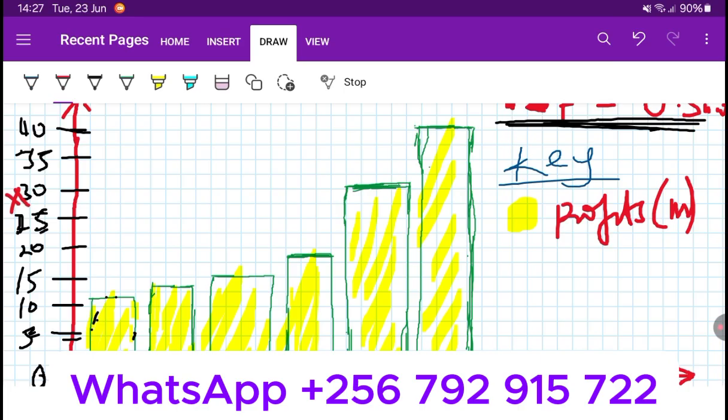The other option is for you to name this vertical axis as profits. Then you come to these bars and you shade them differently. So you provide each of the shadings and you name them as per the years.